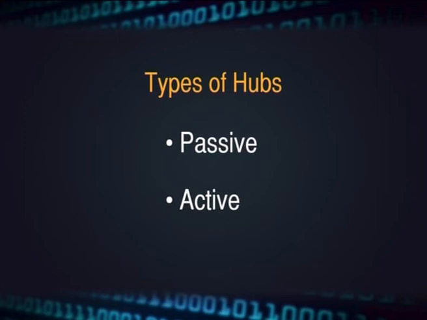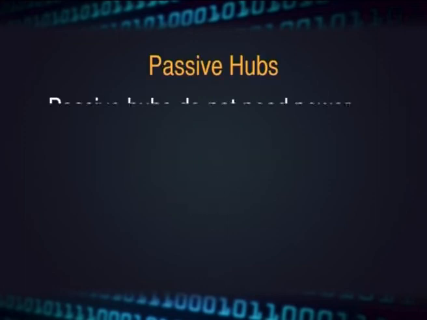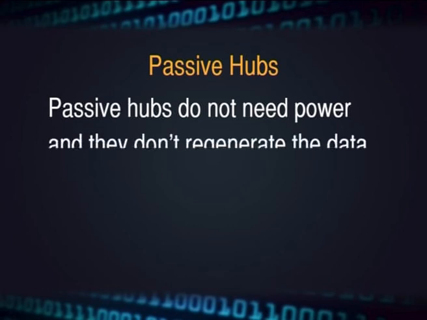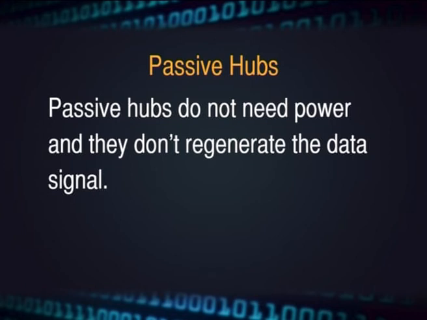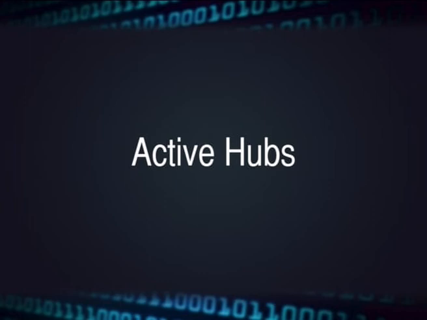Generally, hubs are referred to as either passive or active. Now, passive hubs. Passive hubs do not need power and they do not regenerate the data signal. They are simply points of contact for wires. Active hub.